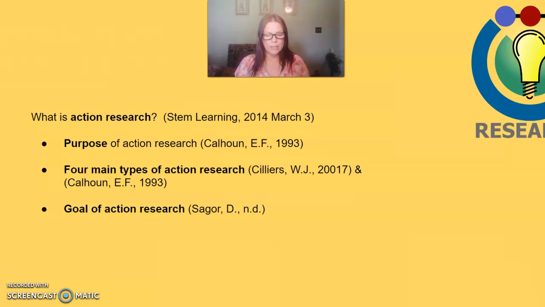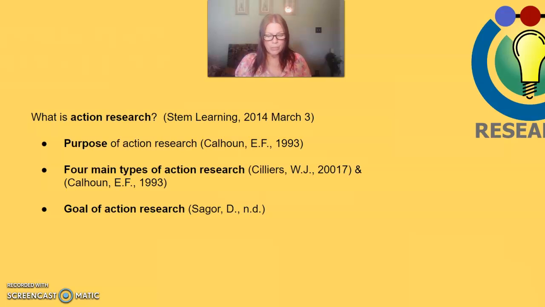So according to Cilliers, there are 5 types of action research: technical collaborative, and scientific technical positivist action research; mutual collaborative, practical deliberative, interpretive, perspective, enhancement approach; critical emancipatory action research, the critical science perspective; participatory action research values. However, Calhoun identifies 3 types: individual teacher research, collaborative action research, school-wide action research.